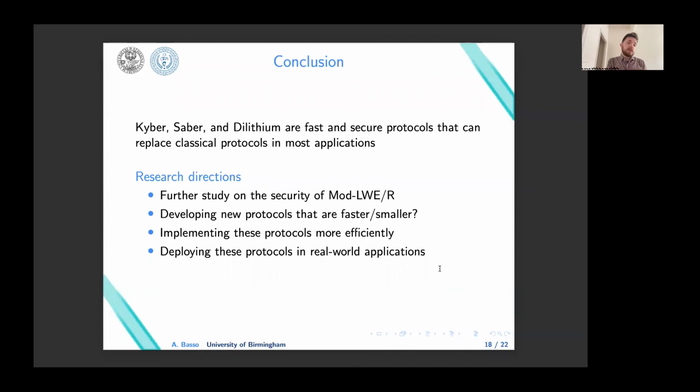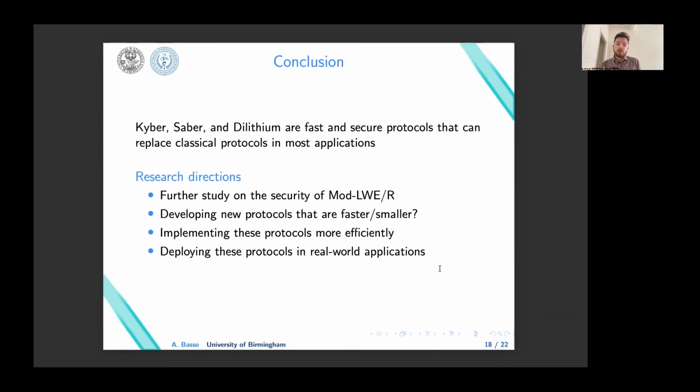We definitely need to further study the security of the LWE problem, the module variant, the LWR variant, whether we can reduce one to the other, and so on. Then at the protocol level, we also want to research whether it's possible to get new protocols, maybe similar to what we have, but maybe somehow make them faster or smaller or more efficient in specific use cases.